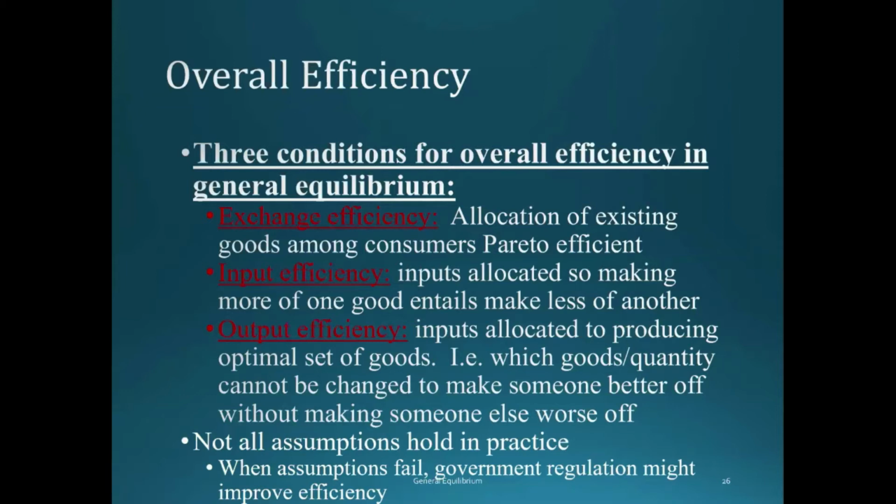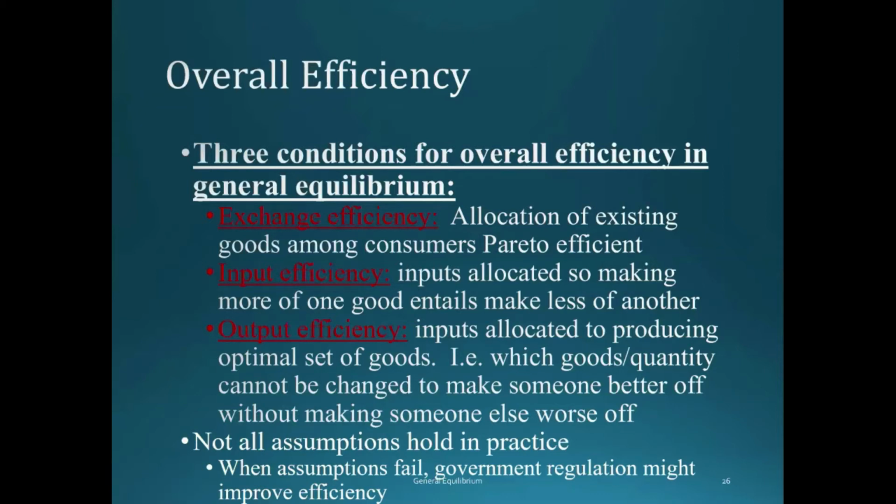And the last type of efficiency relates to which types of goods we're choosing to produce. So it might be true that we have input efficiency, but maybe we'd want to take both labor and capital away from some firm, causing that firm to produce less, and move that labor and capital to another firm, allowing that firm to produce more.